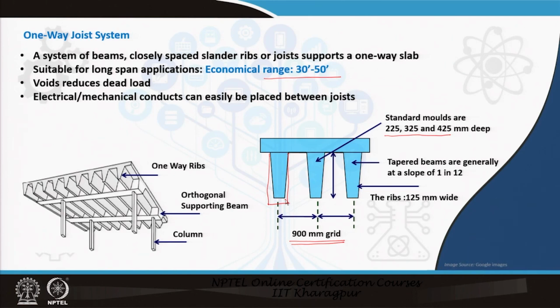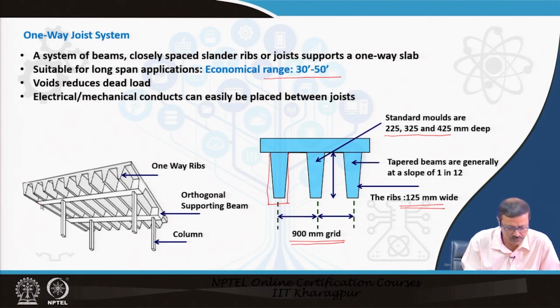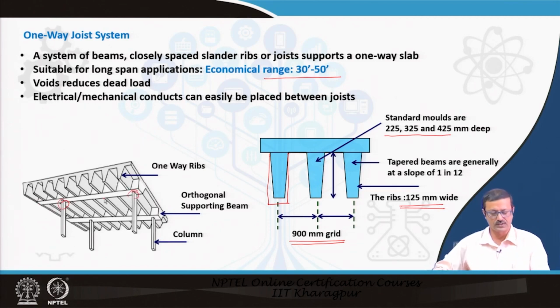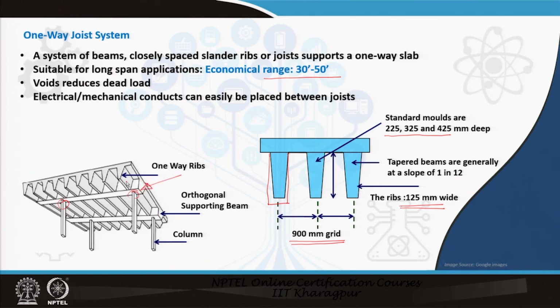Ribs are about an average of 125 millimeter wide, and in between, whenever the load has to be discharged through a column, we give another directional beam, which binds those one-way ribs.